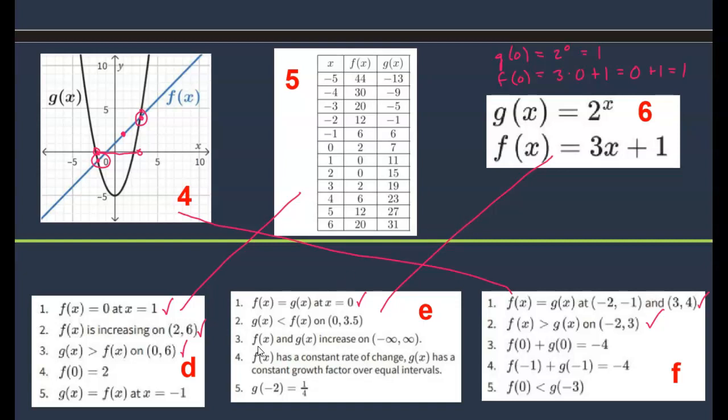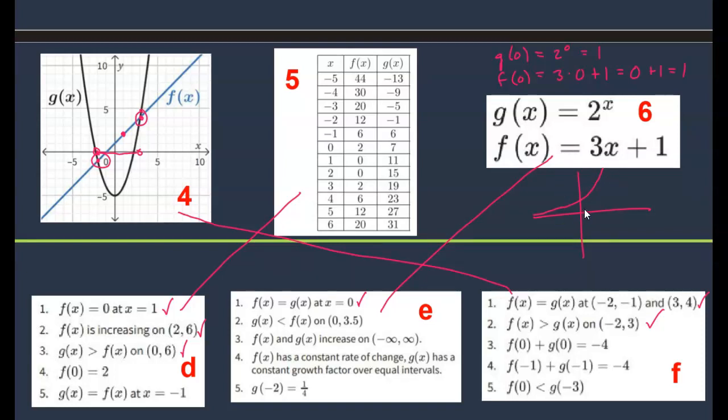How about this one, number 3? F of x and g of x increase from negative infinity to positive infinity. What does this graph look like? If we were to graph this against each other, 2 to the x, we know this is a typical exponential. It looks something like that.